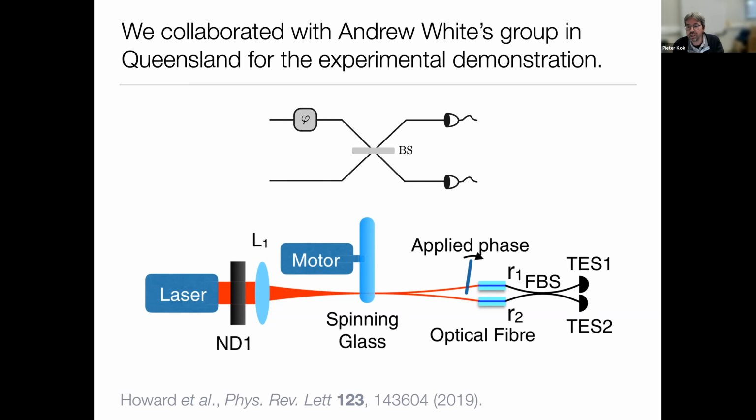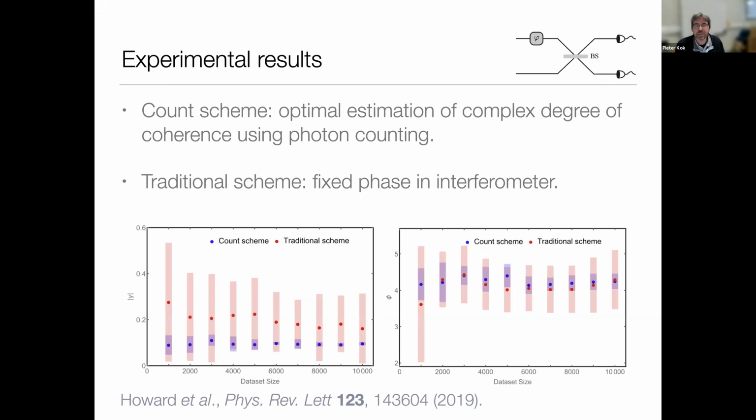So we set up the interferometer. The phase was applied by rotating a piece of glass in the beam going to R1, and then there was a fiber-based beam splitter, and then we used transition edge detectors because they have a fantastic photon counting capability. And the results were actually pretty astonishing.